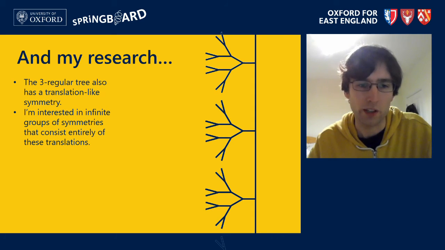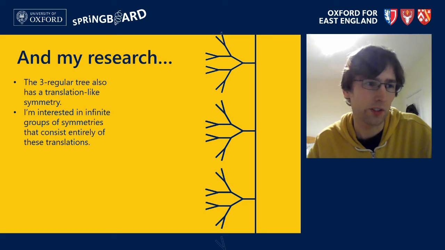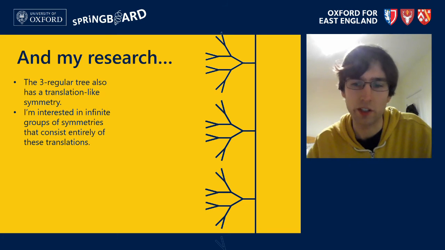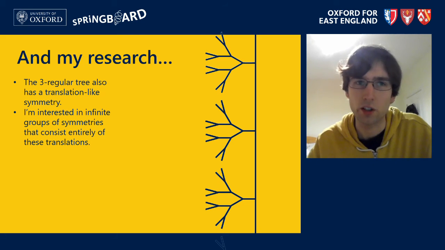And I'm interested in groups that consist entirely of these translation-like symmetries. And it turns out there are really many, infinitely many groups of symmetries like this. And I'm interested in the way these different groups interact within the group of all symmetries of the tree.